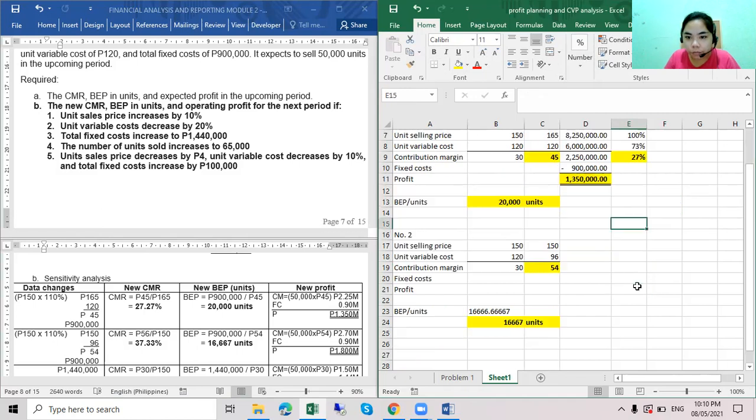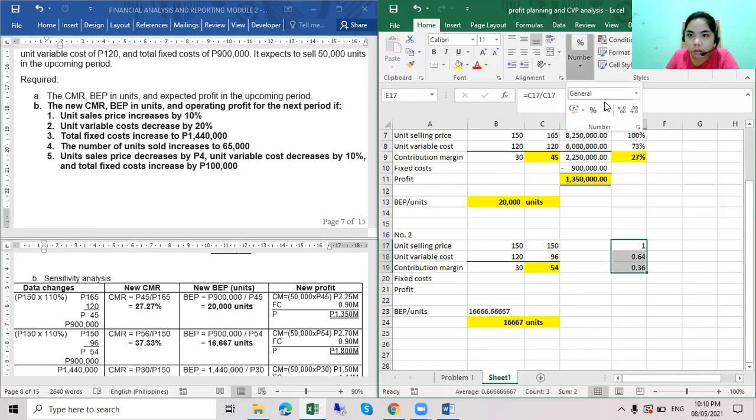CMR gali CM rate. Okay, so 96 divided by this, so 64. So your new CMR is 36% when you decrease your unit variable cost by 20%.